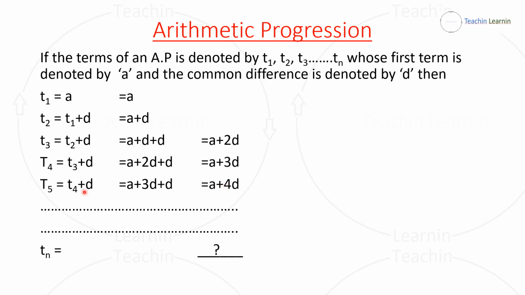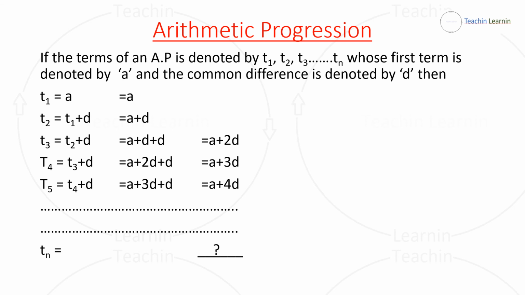So what is happening? When you have 5 here, you have 4 here. When you have 4 here, you have 3 here. When you have 3, you have 2 here. So this number is 1 less than that number, and you find that these follow a pattern. So when here is n, then here will be 1 less than n, and 1 less than n is n minus 1.